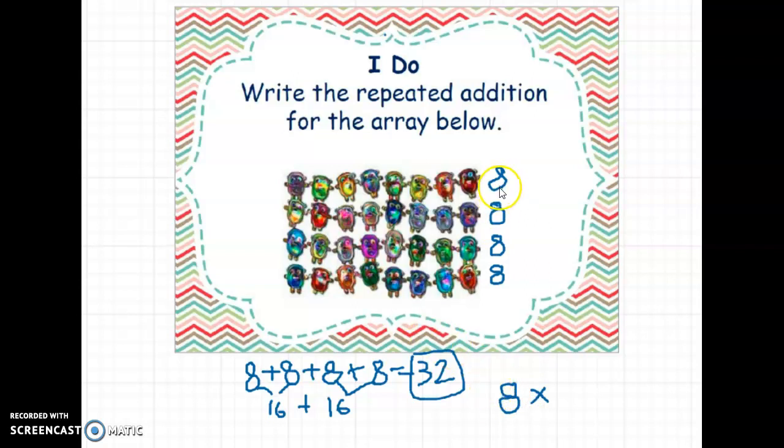Let's count. 1, 2, 3, 4. So our multiplication problem is 8 times 4. And what's 8 times 4? You already know it. It's 32. Alright guys, good job today.